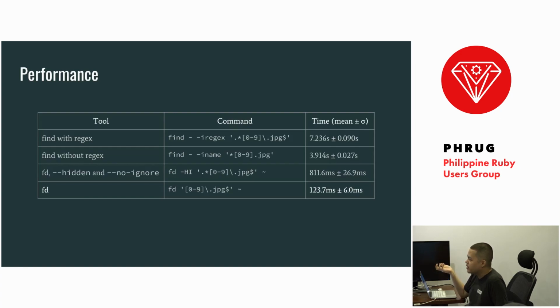So absent that automatic filtering, you can check the first 3 results. So it's still faster. Even the find without regular expression is about 4 seconds, and fd is just 800 milliseconds. And then if you use the fd that does the gitignore and hidden by default, then it's even a lot faster.